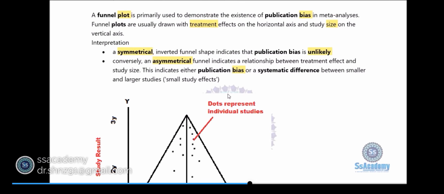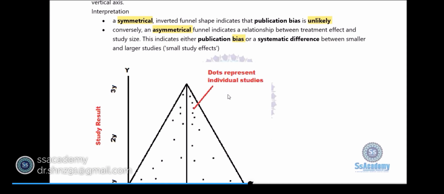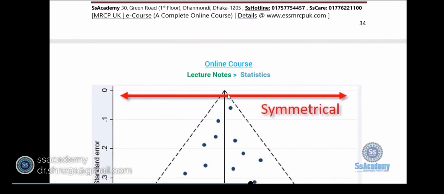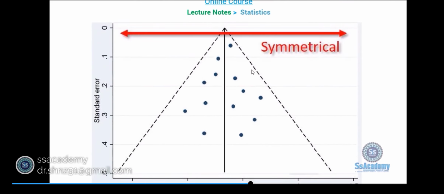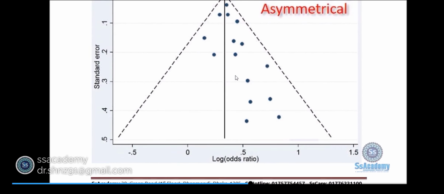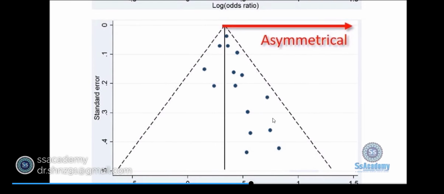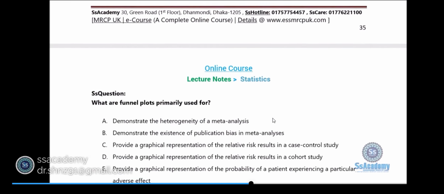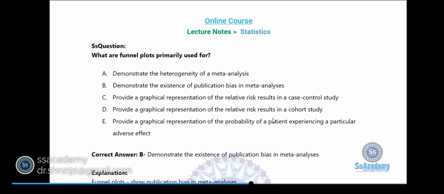On the x-axis you put the treatment effects, and on the y-axis the study size. If symmetrical, there is no bias. If asymmetrical, you see the dots are more on one side, so publication bias is there.